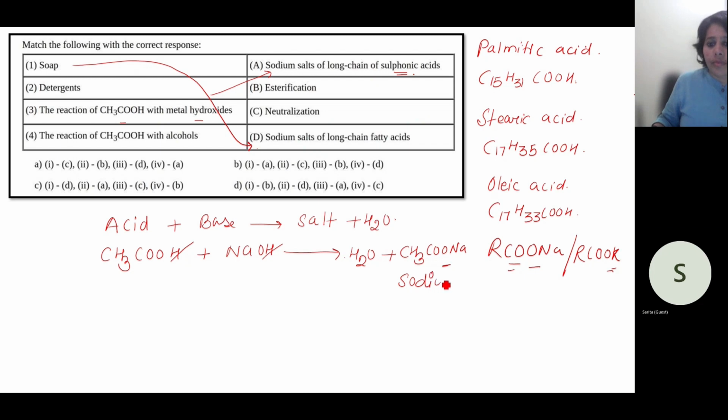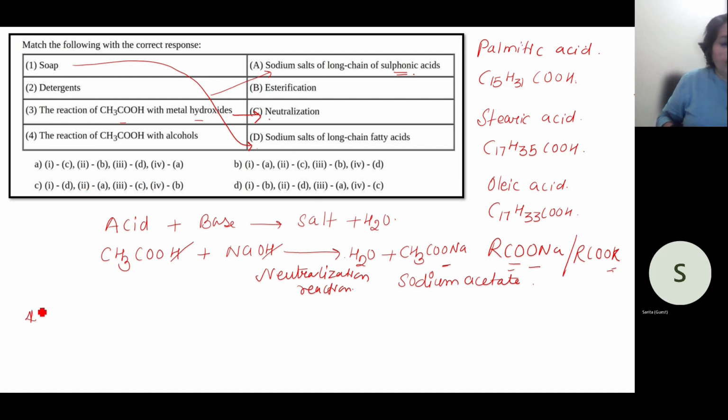The name is sodium acetate. This acid-base reaction is known as a neutralization reaction. So the answer for this is C only.